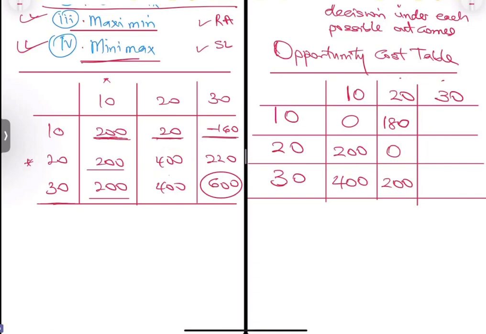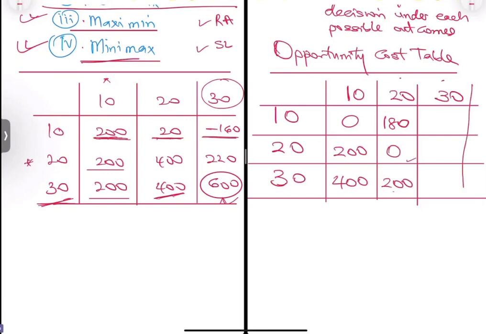So there is no regret, 0. And if the market is asking for 30, we have made 400 on our decision. But the best decision, if the market is asking for 30, is to buy 30 so that you can make the maximum profit available of 600. So there's a regret of 200.